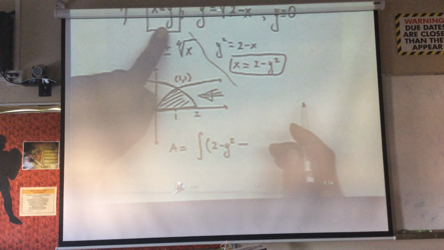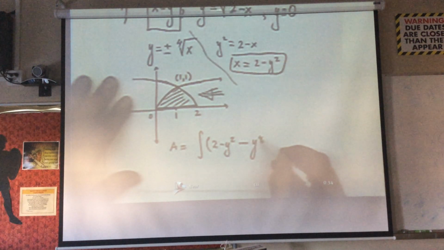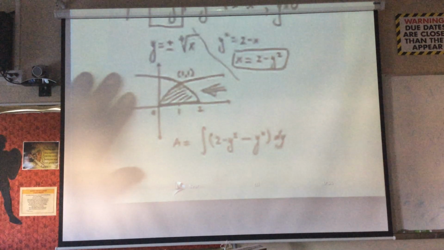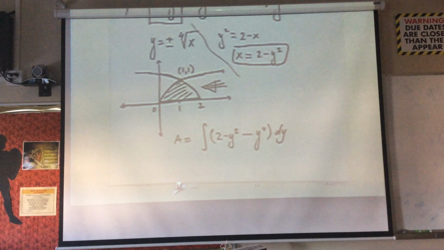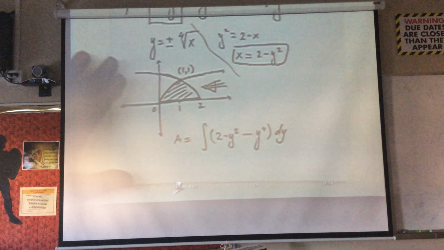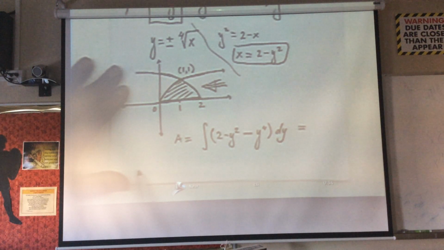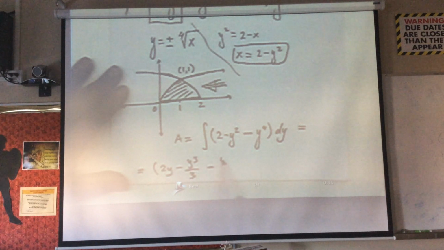X equals y to the 4. So again, 2 good things. Not always we'll have 2, okay? But overall right now we have 2 good things. Again, only 1 integral and no square root. Square root was changed. And again, I have a polynomial. So I have 2y minus y cubed over 3 minus y to the 5th over 5.